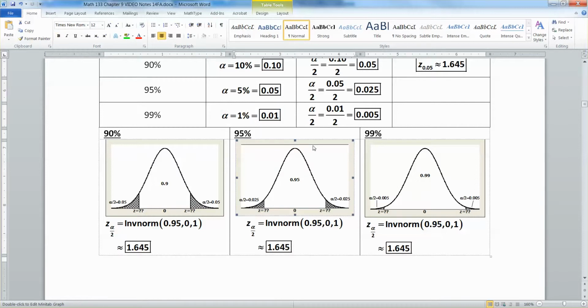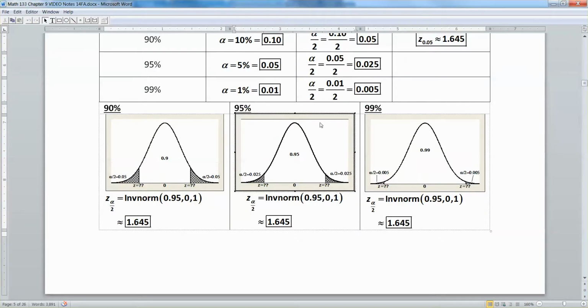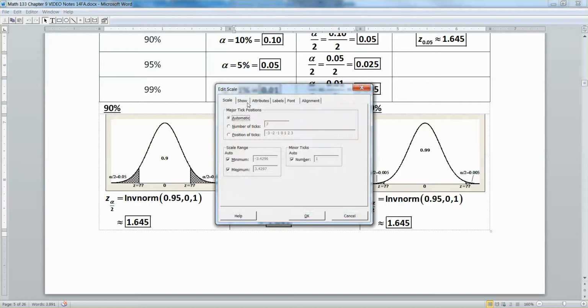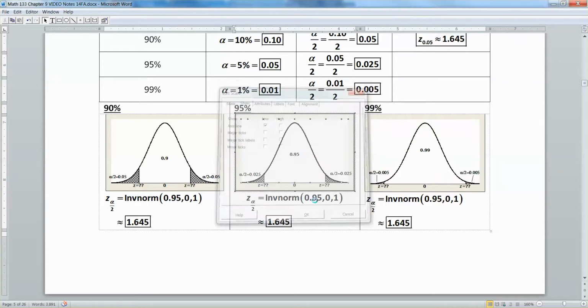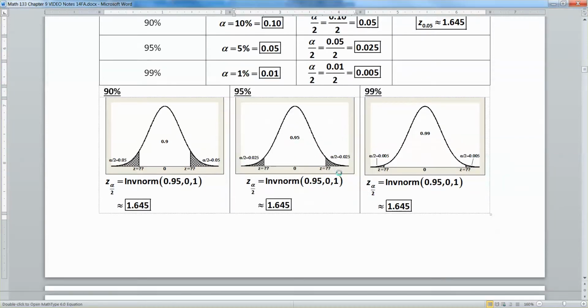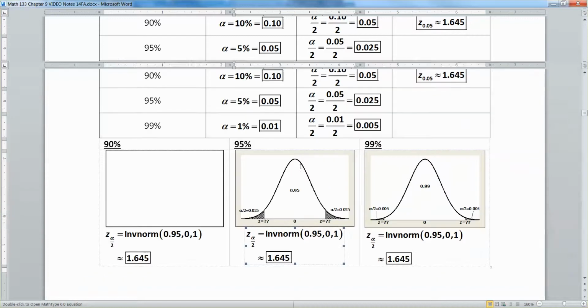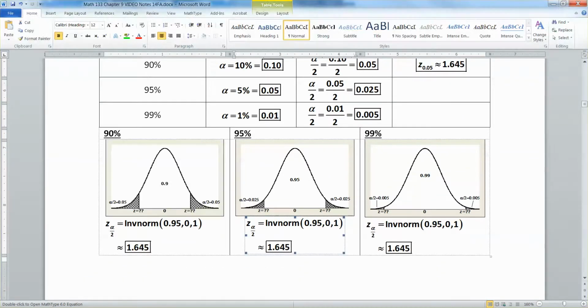And then what we're going to have to do is inverse norm, but we can have a choice. You can either do 0.025, because that's the area in the tail, or you can put the center and the other tail together, and that would be 0.975, right? 0.025 plus 0.95 makes 0.975.